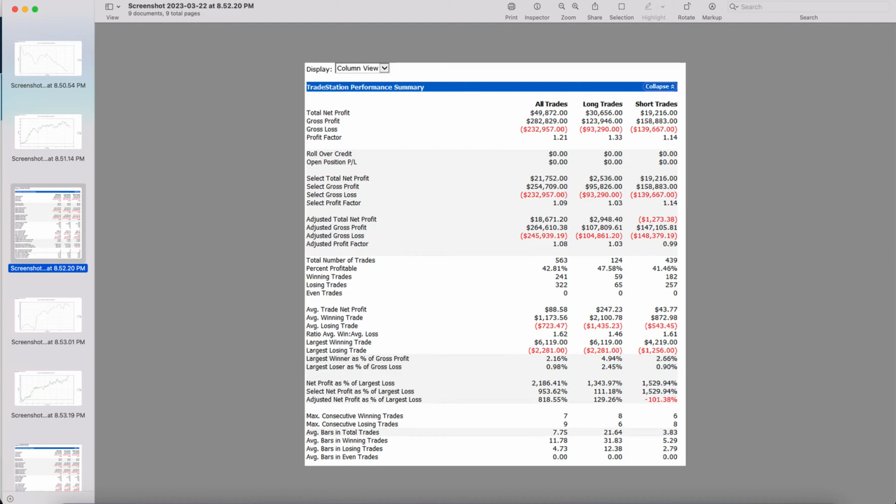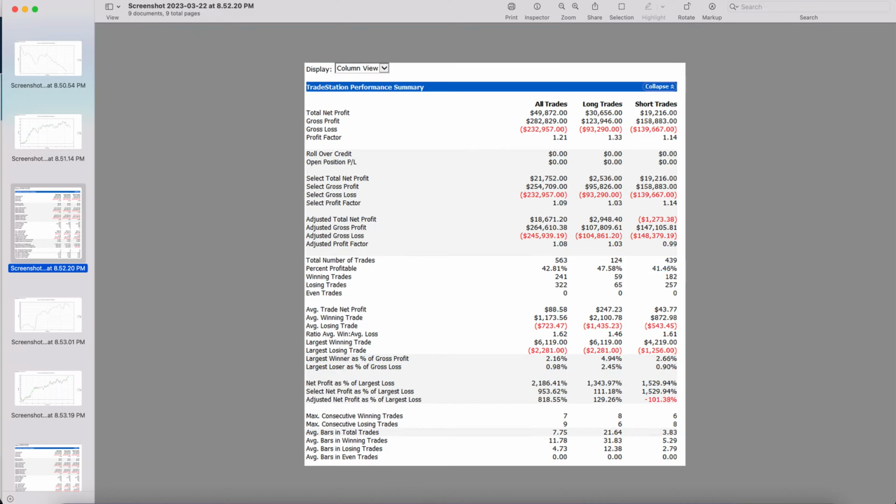So total number of trades 563 in 6 months, 124 are long trades, 439 are short trades, 42% all in, 42.81 profitable, 47.58 and 41.46 whether it's long or short.